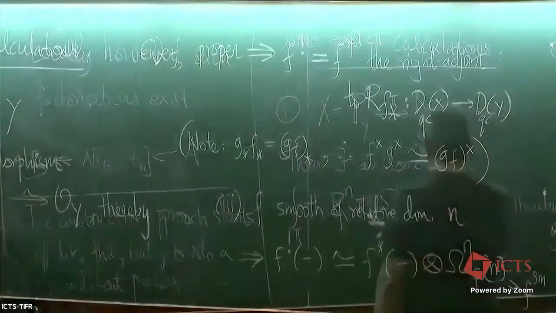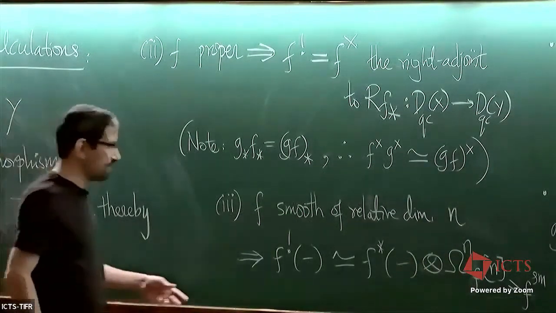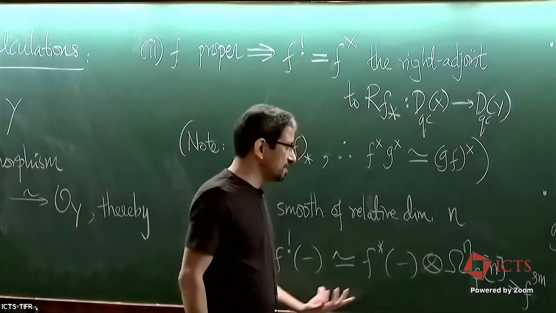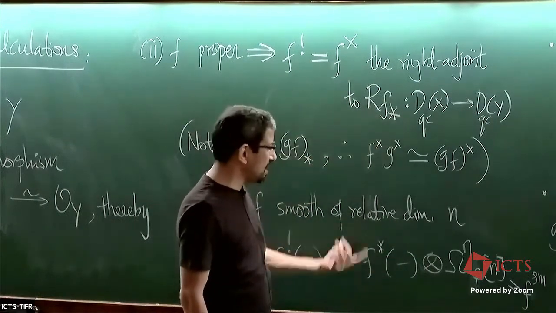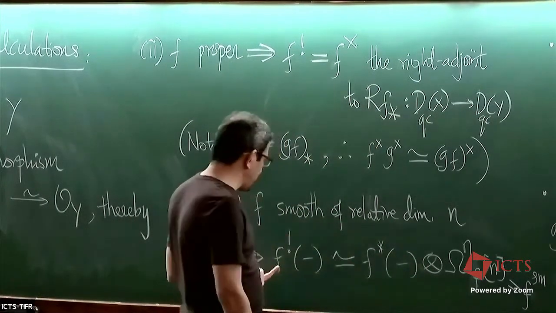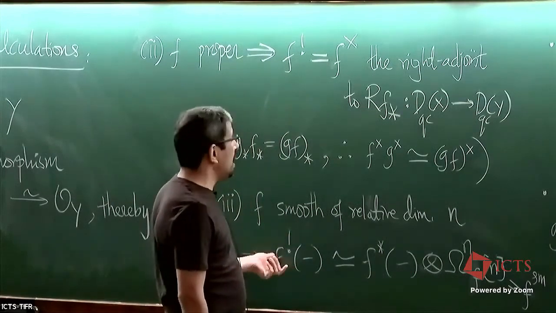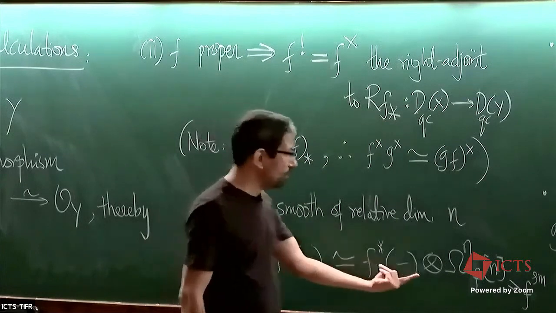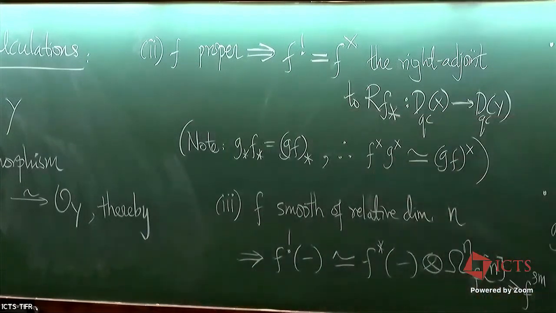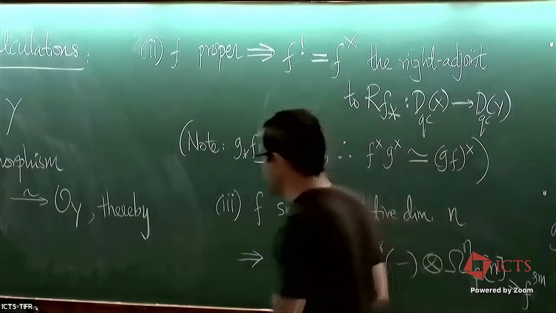So this is kind of expected to result from the counit of adjunction, where the adjunction is really the adjunction to Rf lower star, applied to the fact that we also expect f shriek not only to be right adjoint to f lower star, but also to look like this, because P^n_Y is both proper and smooth. So our formulas are predicting that there should be an isomorphism like this.